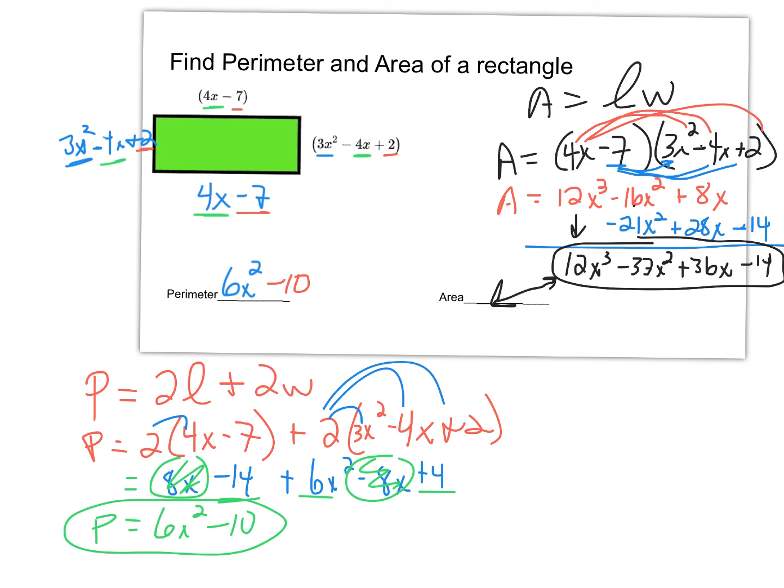Now again, in terms of units, because I know some teachers are picky about that. When you're doing perimeter, it is just going to be the unit itself. So again, feet, meters, inches. Okay, so you'd write 6x squared minus 10x units, or whatever it is.